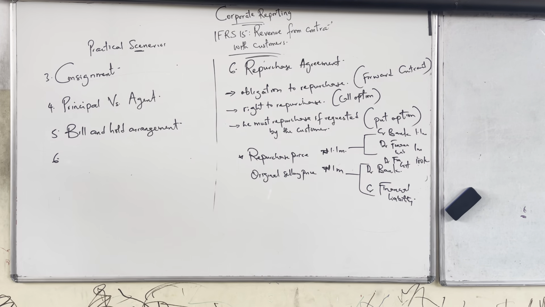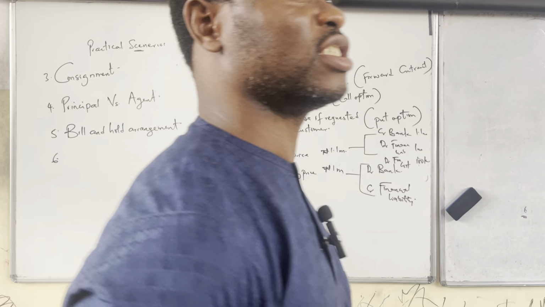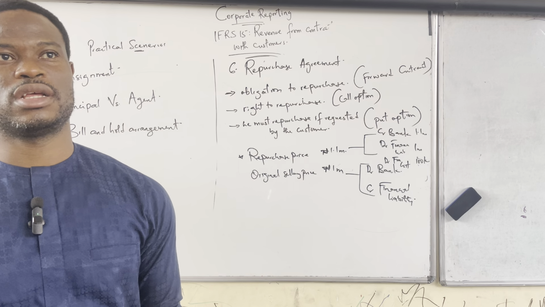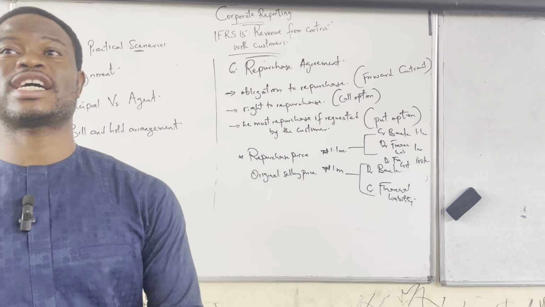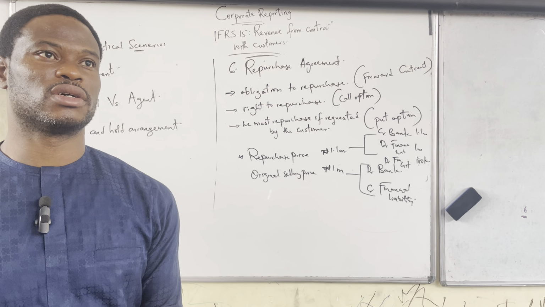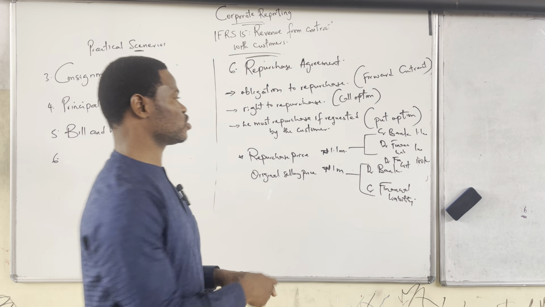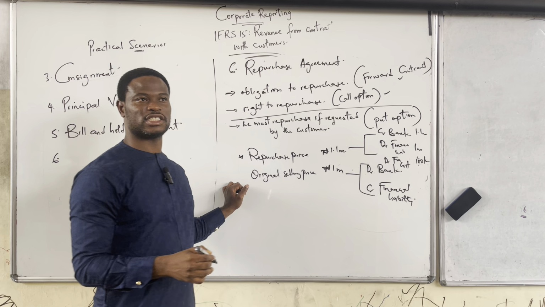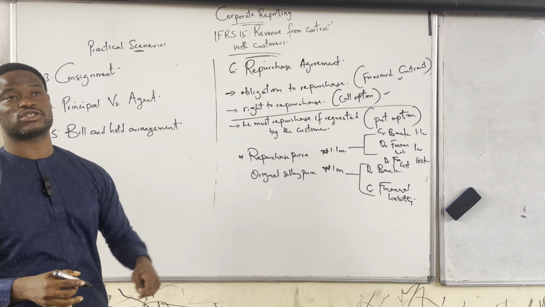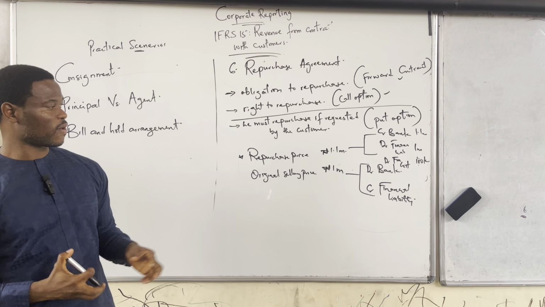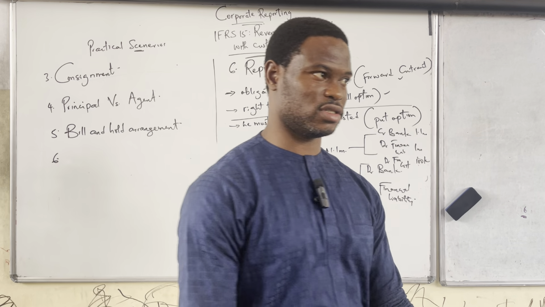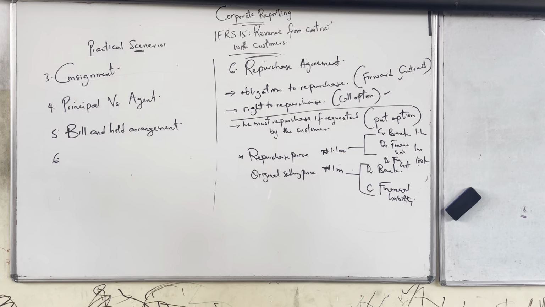It is where you promise to repurchase it for, let's say, a lower price. Let's say the repurchase price is 900,000. No, not a put option now. I'm still in this instance where you have an obligation or right to repurchase. So you say you want to repurchase it for, let's say, 900,000, at a lower price than the original selling price.